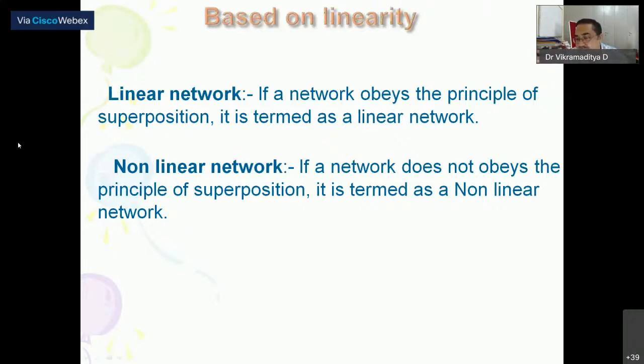Ideal means adarsh in Hindi. So ideal resistor means no capacitance, no inductance. Ideal inductor means no capacitance, no resistance. Ideal capacitor means no inductance, no resistance, only capacitance.